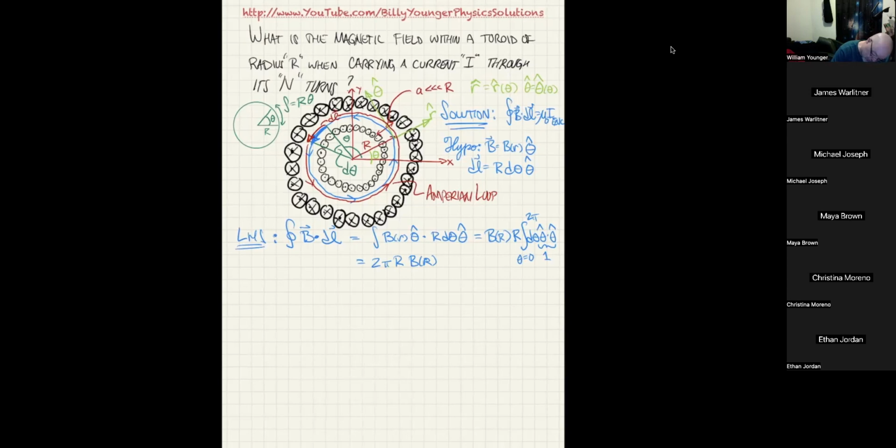Now I can do the right-hand side since it appears no questions. The right-hand side is just mu 0 I enclosed.